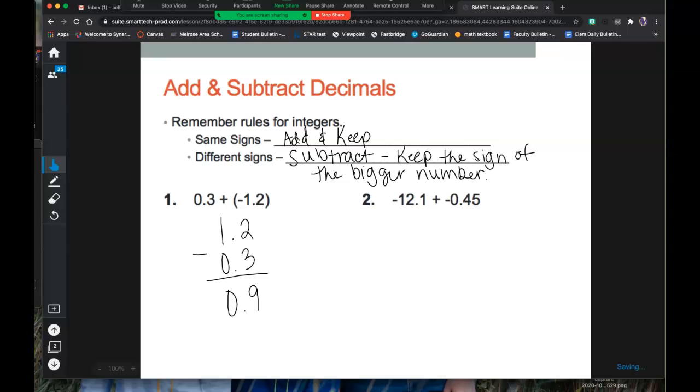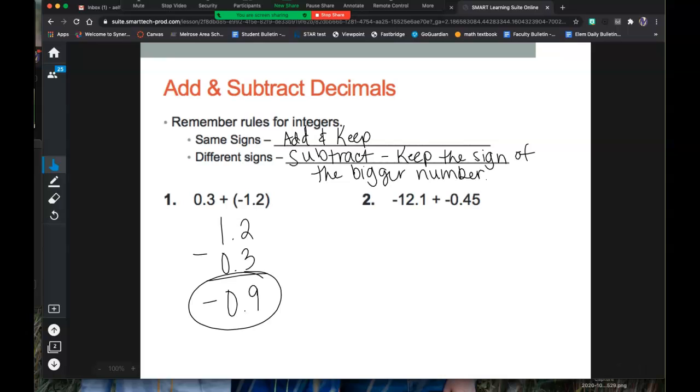Should my answer be negative or positive? You can type it in the chat if you want. It should be what? Negative. Thank you, guys. I promise it'll get easier to answer questions, just unmute yourself just like if we were in class. So our answer would be negative 0.9.